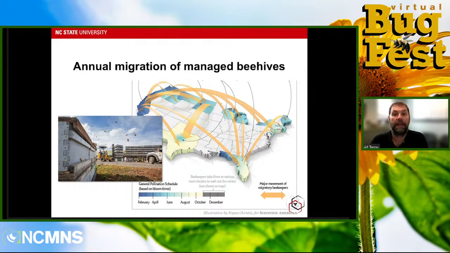It's been estimated that an average beehive in the United States travels 8,000 miles a year, from the East Coast out to the West Coast, back up to the Dakotas for honey production, then maybe up to northern Maine for blueberries, and then back down to Florida. So they travel quite a bit every year to fill the void left by this paucity of native bees in the landscape.